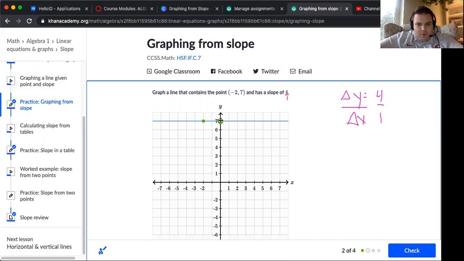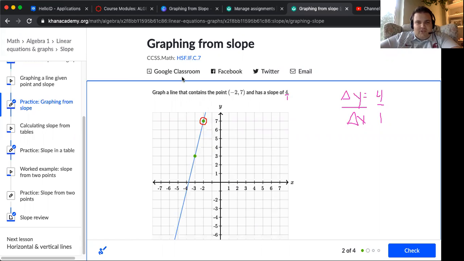We're looking for the point previous to this, some point over here that was prior to this point. So instead of going up 4, left 1, we're going to do everything in reverse. We're going to go down 4. So down 1, 2, 3, 4, and left 1.